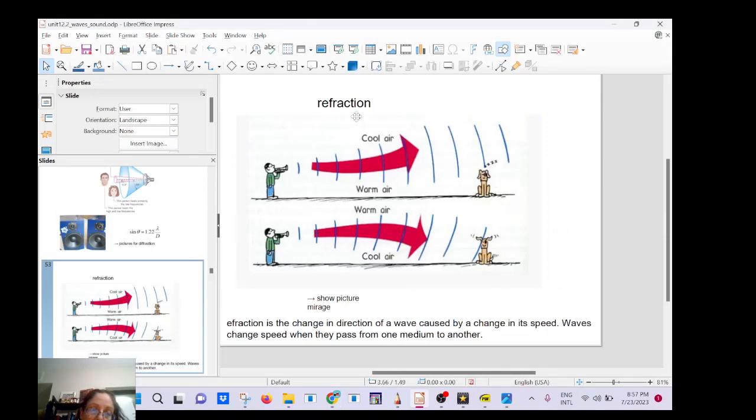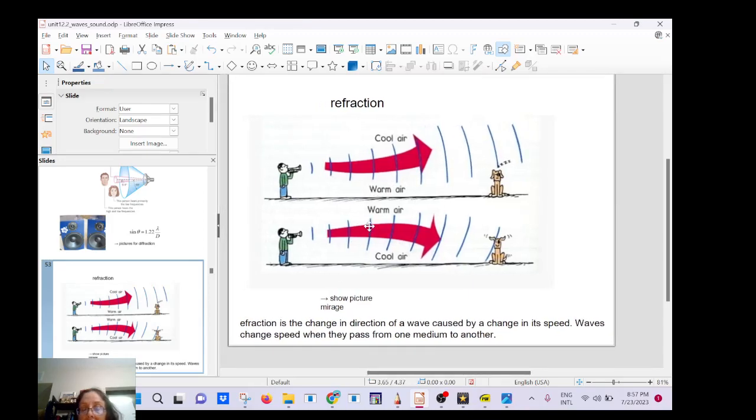So that was diffraction. So it spreads around here. Now you have refraction. That happens when there is a change in the speed of the wave. So sound will move faster in warm air and slower in cool air.